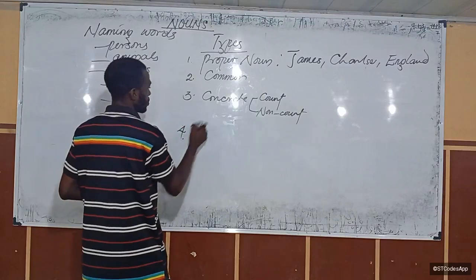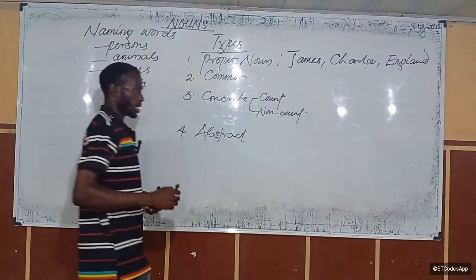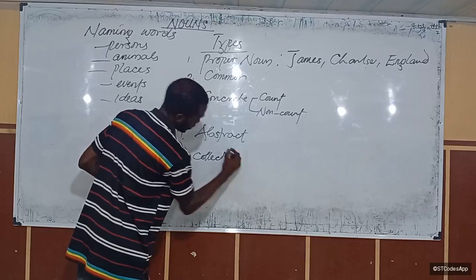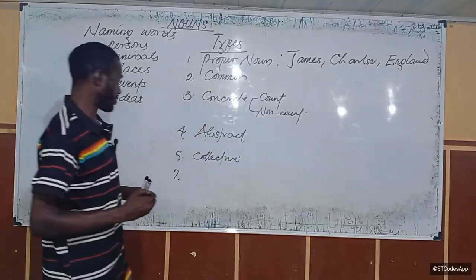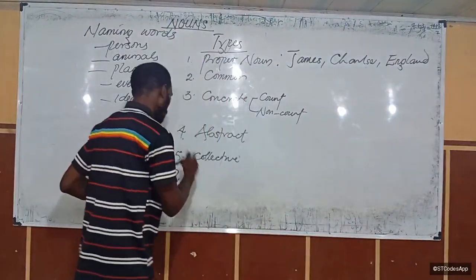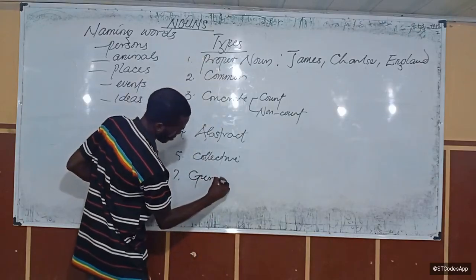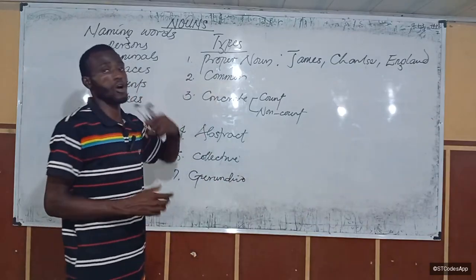Then we have the abstract nouns, the collective nouns, and we also have the gerundive nouns. I'm trying to make a list of them first. So what are the common nouns?